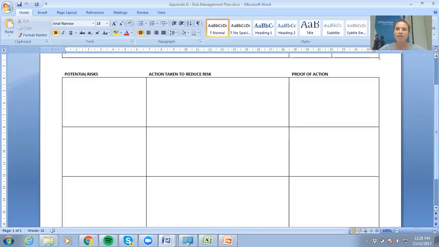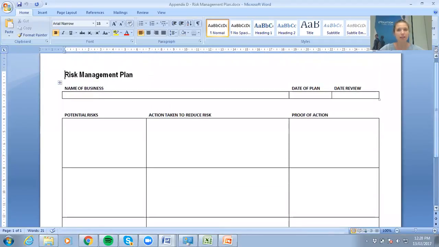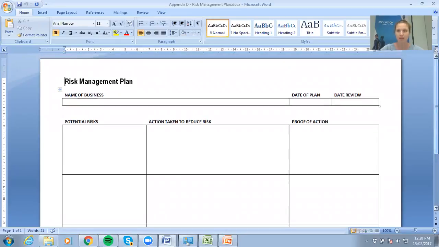Then your column for proof of action, what documentation or evidence would you be using to prove that the action has taken place and what impact did the action have on the risk? And that's it for that appendix. Not too much here to fill out. And as I said, just looking at 3 potential risks involved here.